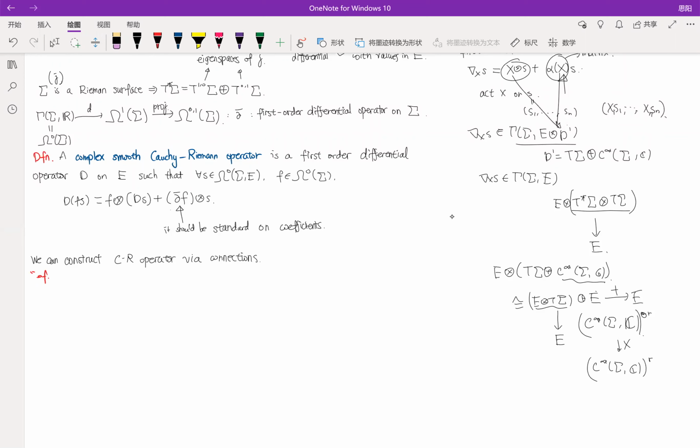There are some problems with my computer. Okay, so we then introduce the Hermitian structure. Let E be a complex vector bundle over some complex manifold X, and we set the Hermitian structure.